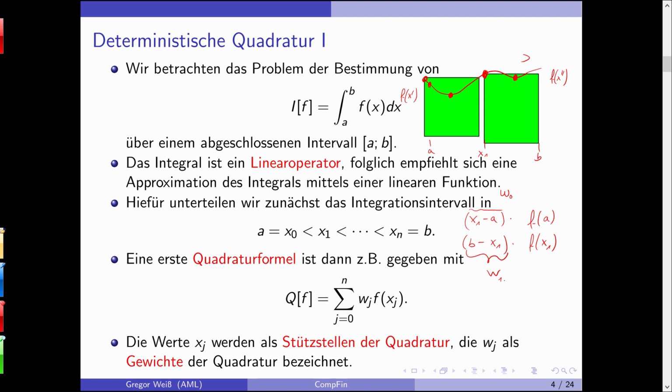Weights, those will be usually the distances on the x-axis times a certain function value. But you've already seen that there are certain things you change about this. You take the function value at the start of this interval, or at the end, or in between, at the lowest point, highest point, and everything we do afterwards just deals with the question, how can we optimally choose those weights and those function values?